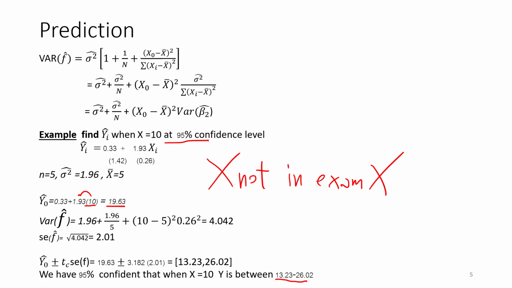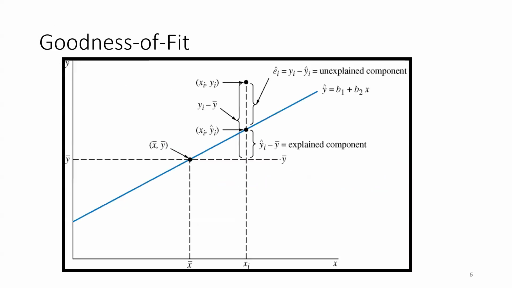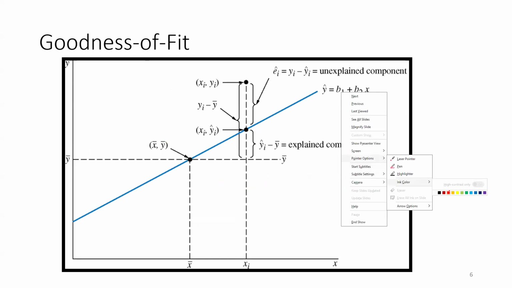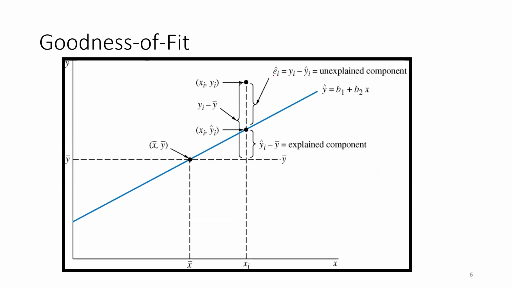We call it goodness of fit. Let's recall the memory. Error means this is the real value, and the one on the blue line is the forecast value.